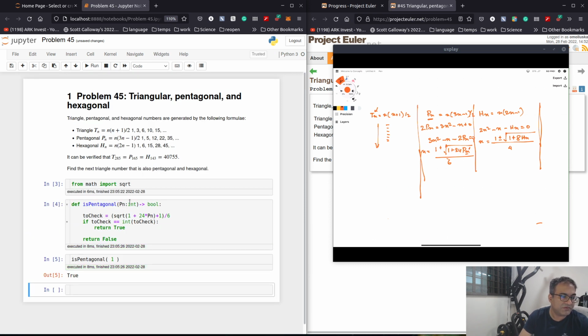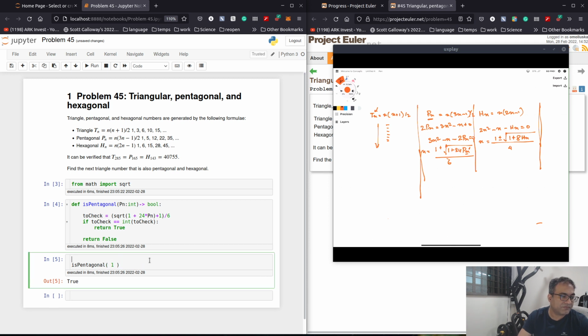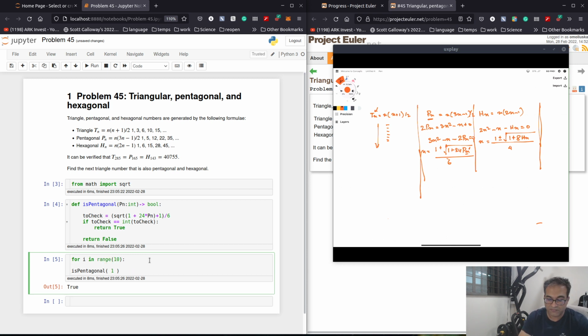All right, so for i in range 10, P equals, 1 to 10. P equals pentagonal n, which is n into 3 into n minus 1 by 2.